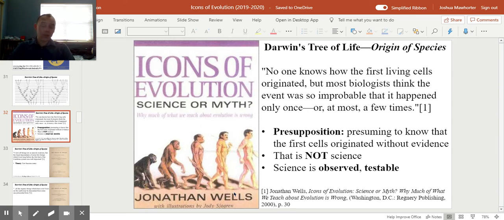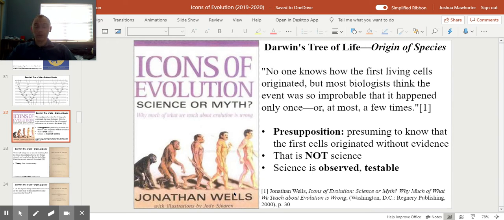Now, what I don't mean is we don't know that cells exist. We know that living cells exist. But there's no proof in nature of this event where they say that they emerged for the first time. That is not science.